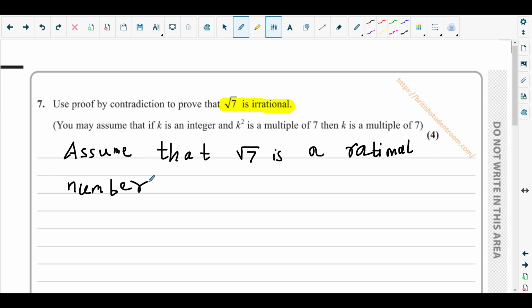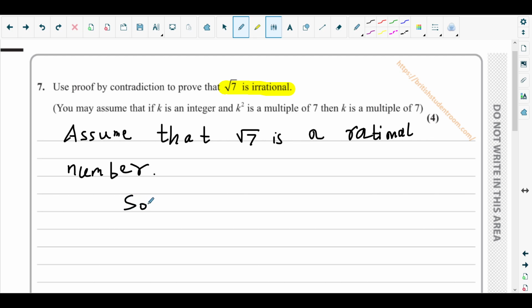So if √7 is a rational number, then using the concepts from algebra, what can we consider? We know that rational numbers can be represented as what? Fraction, right?